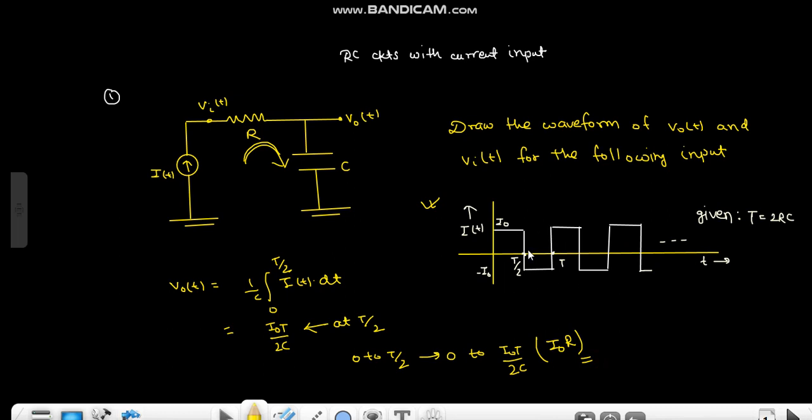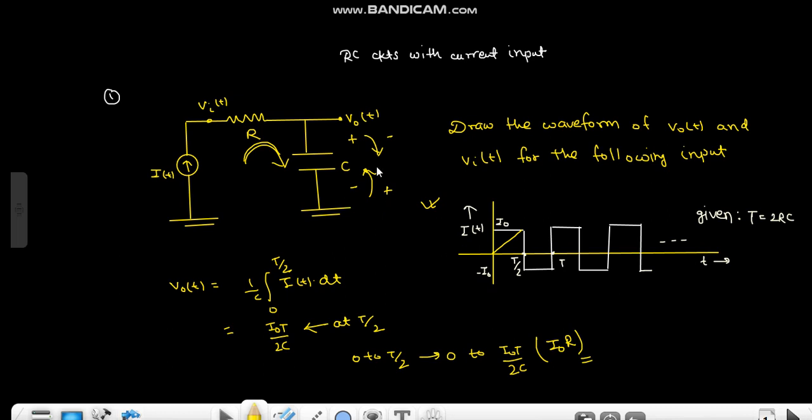Now what happens from T by 2 to T: the current direction is changed, the magnitude is the same but the direction is changed. So first the capacitor was charging in this direction, now it will charge in the other direction. So first it was charging like this, now it will discharge.